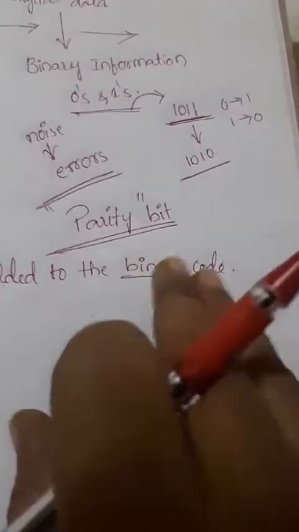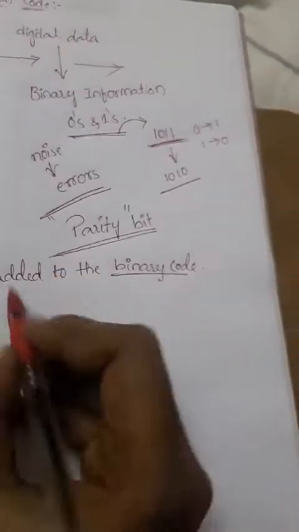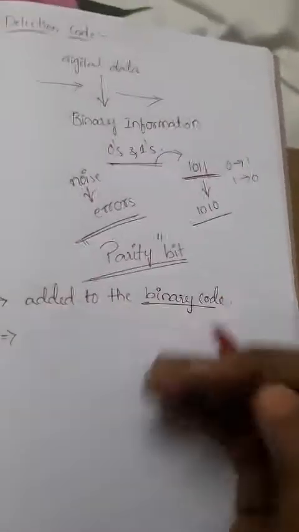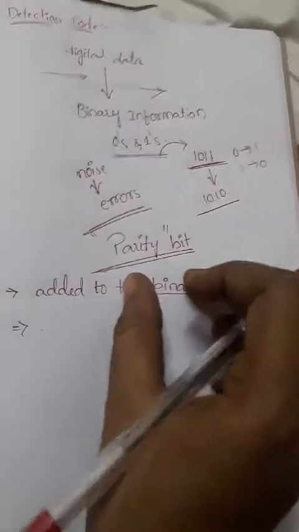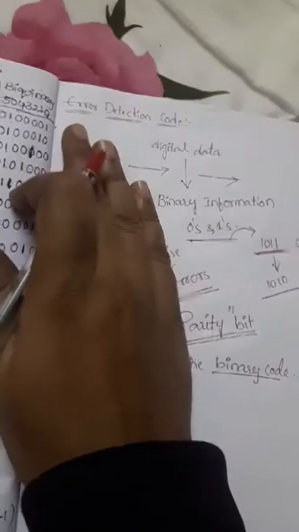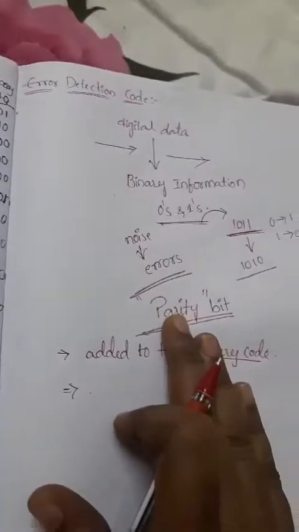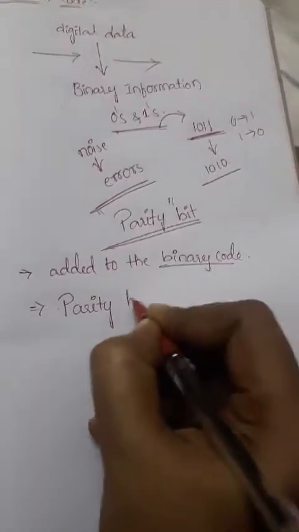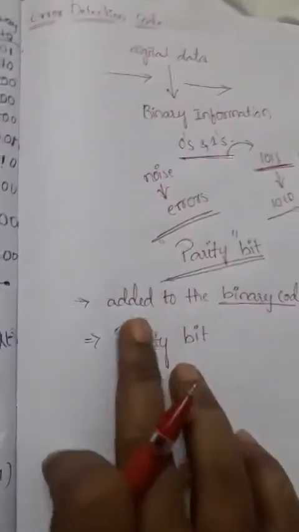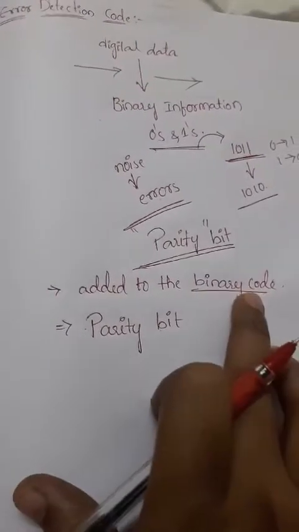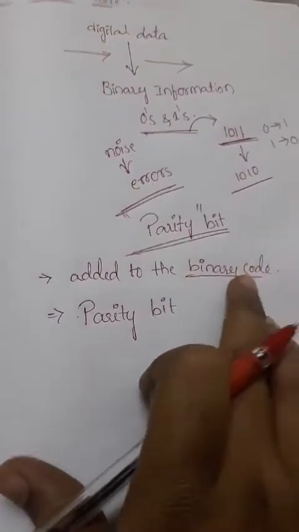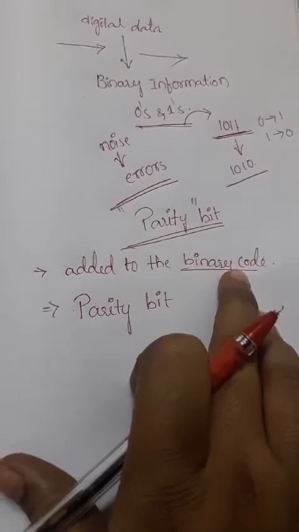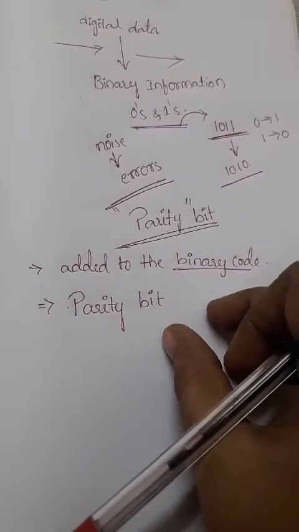Before discussing the error detection code, first we need to discuss the parity bit. The parity bit is a bit that is added to the binary code to detect the errors.